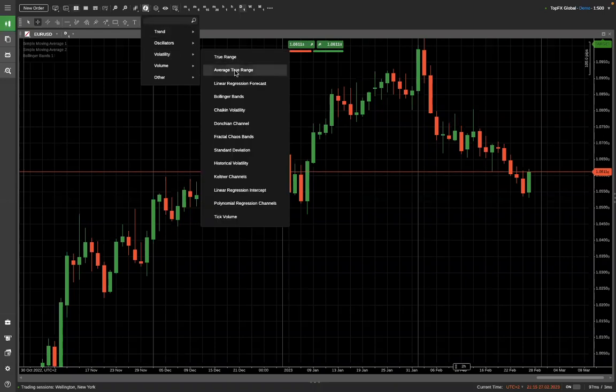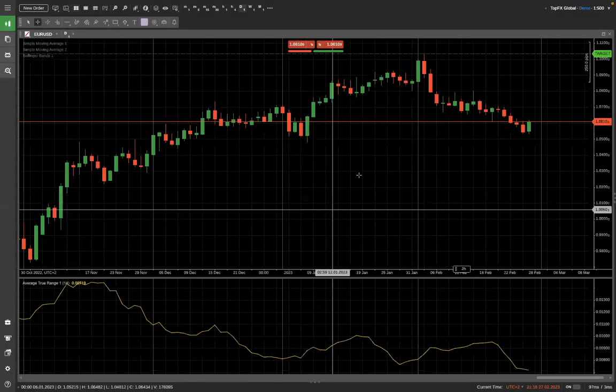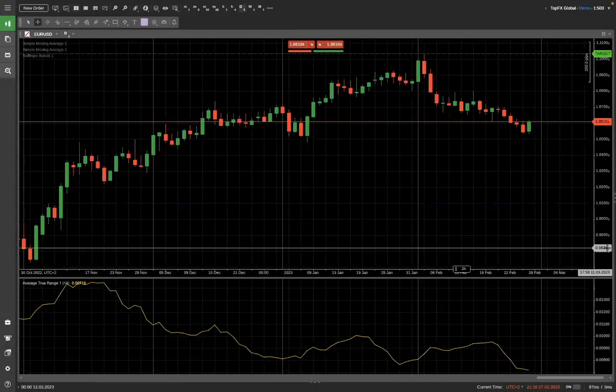This is average true range. Let me apply it on the chart. For the daily time frame chart, we want to use the average true range of 14 days back. This is a daily time frame chart, so we are looking 14 days back. As you can see, let's just apply it on the chart.